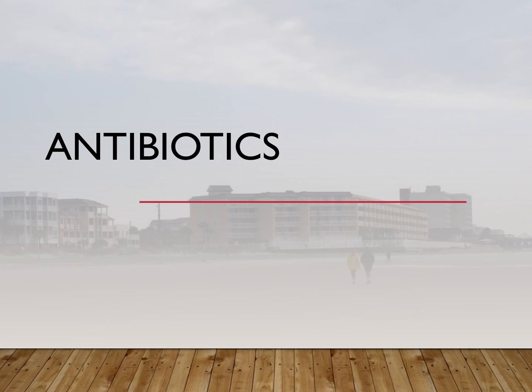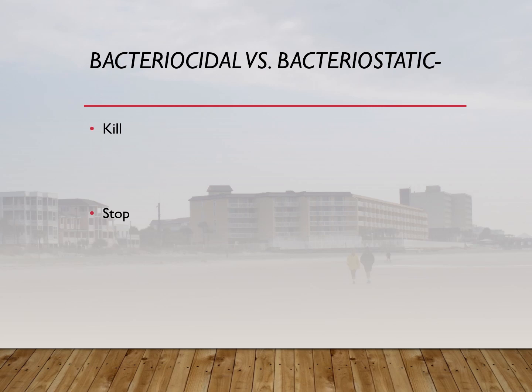So let's talk about some of the specific families of antibiotics. First of all, let's talk about the characteristics. Bactericidal antibiotics kill bacteria. Bacteriostatic antibiotics stop them from reproducing. So basically it's like birth control for bacteria. Bacteriostatic antibiotics are going to obviously work a lot more slowly.